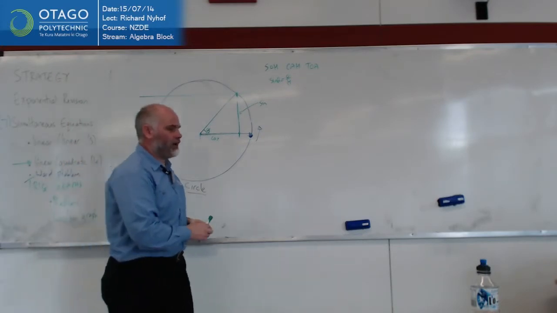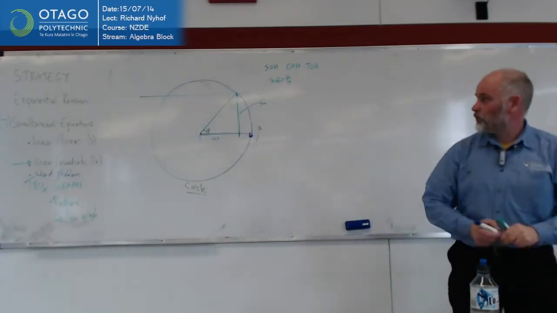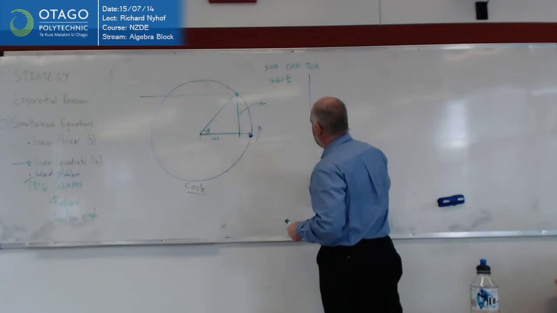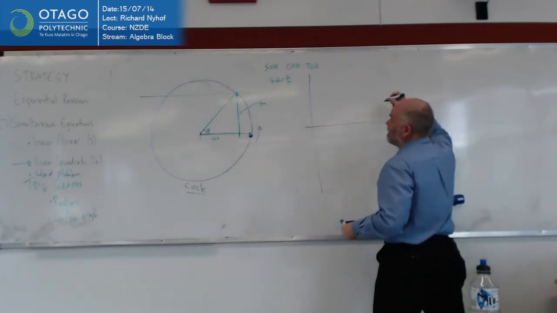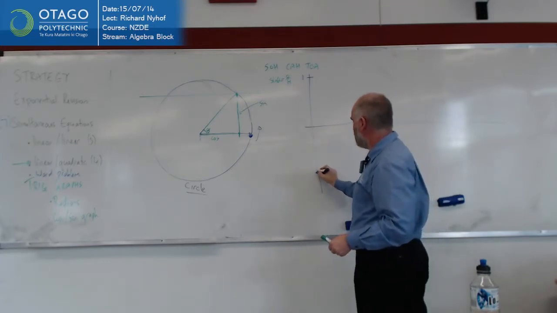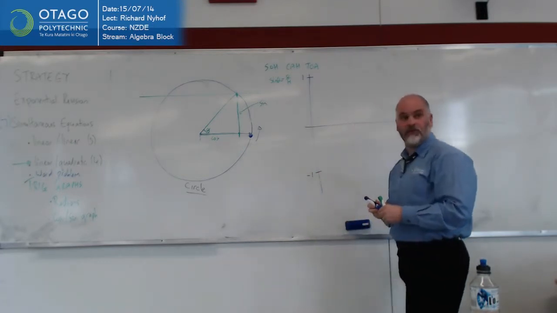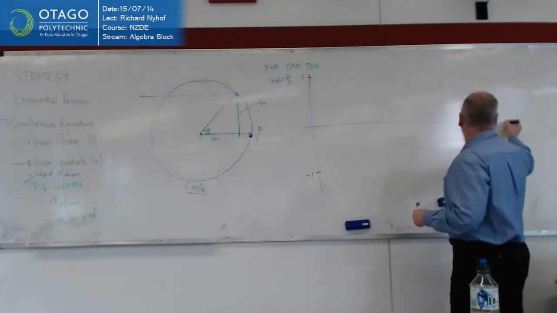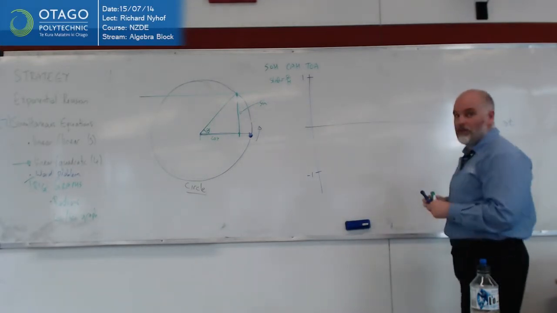Yep. Okay, what I'm going to do now is draw a graph. So here we go. So that's the top, which is at 1, because the length's 1, and that's the bottom, which is at -1. And I'm going to let time happen.